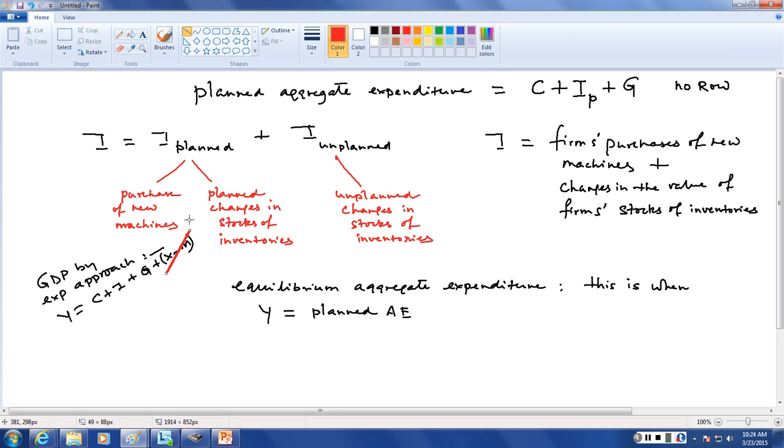So equilibrium planned expenditure is when the output of the economy is equal to what the three plan to spend. I say three now because there is no rest of the world in our story. So that's when we have equilibrium. Am I correct? When the output of the economy is exactly equal to what the three plan to spend. Agreed? So this is our condition for equilibrium now. And keep this in mind as I go to my next slide, next page, okay?